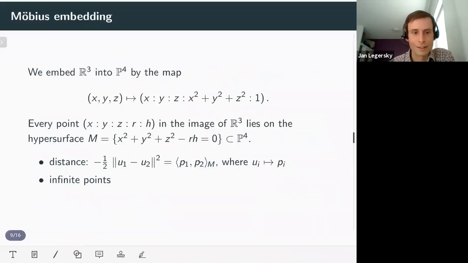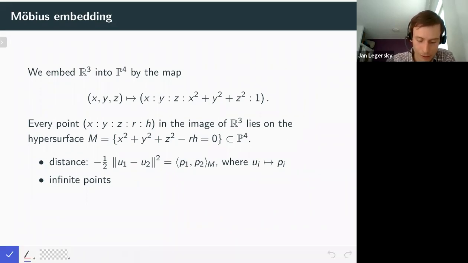Okay, so let's now forget about planar frameworks and spherical frameworks and focus on polyhedra. The compactification we use for polyhedra is the Möbius model, or Möbius embedding.